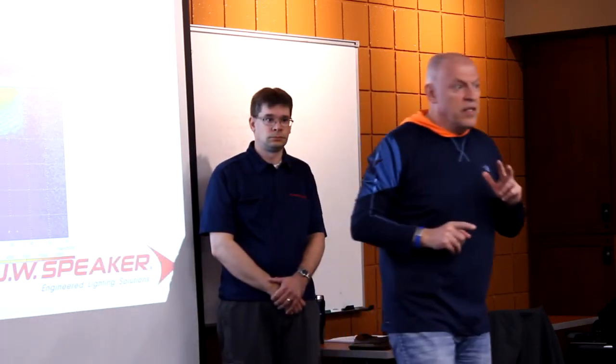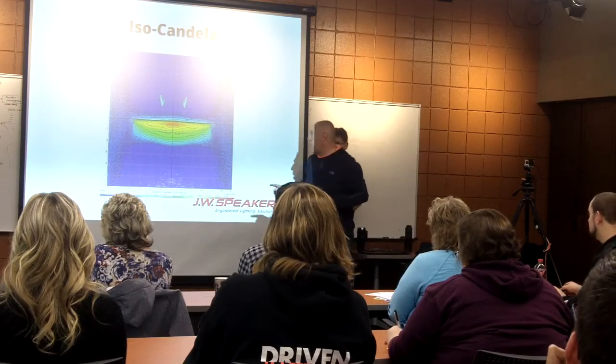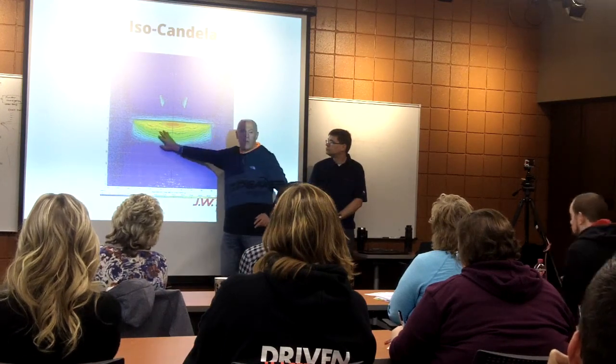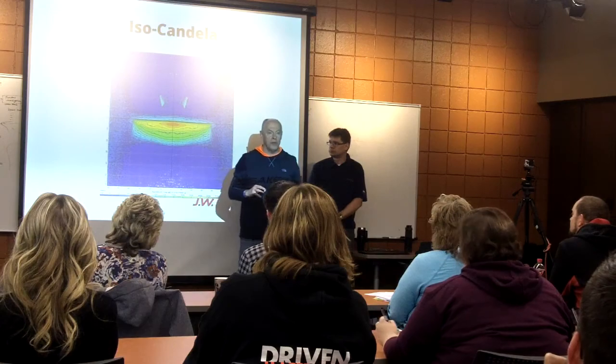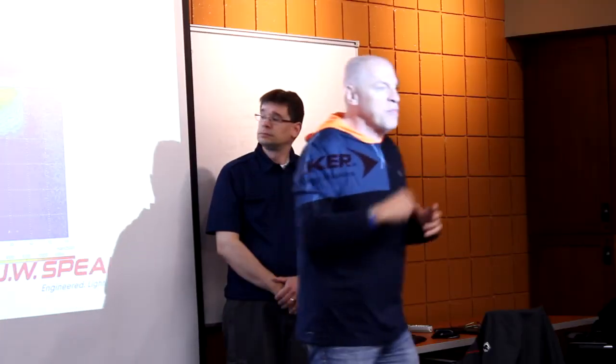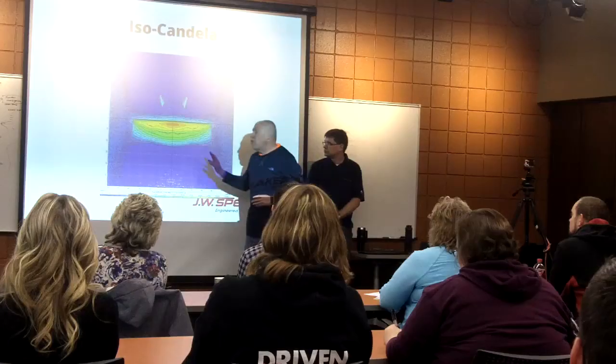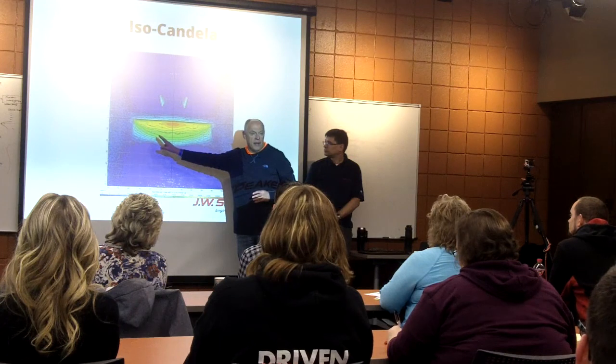Number 3 is overall brightness. I can have all these parameters be fine, but have very low lumens. That's brightness, lumens, that's what they're connected to. Number 4 is uniformity.